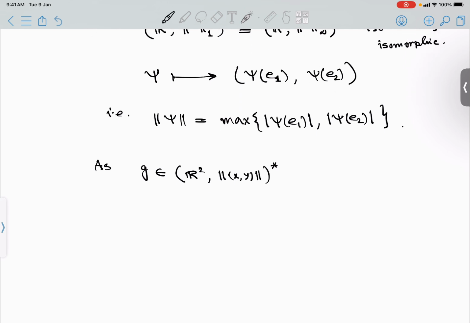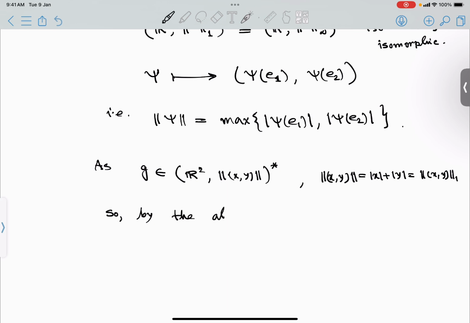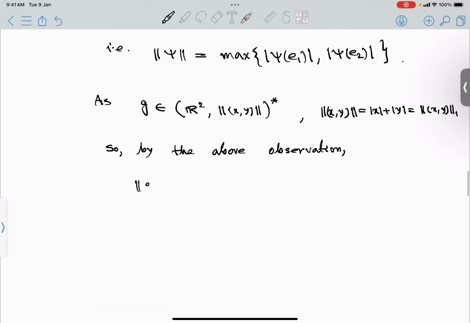So the norm of G, by the above observation, will be the maximum of G e1, comma G e2.